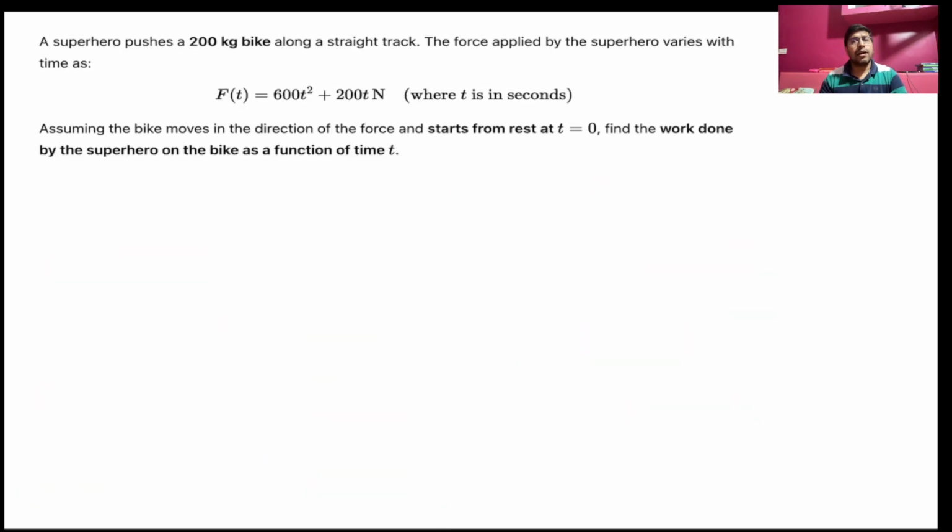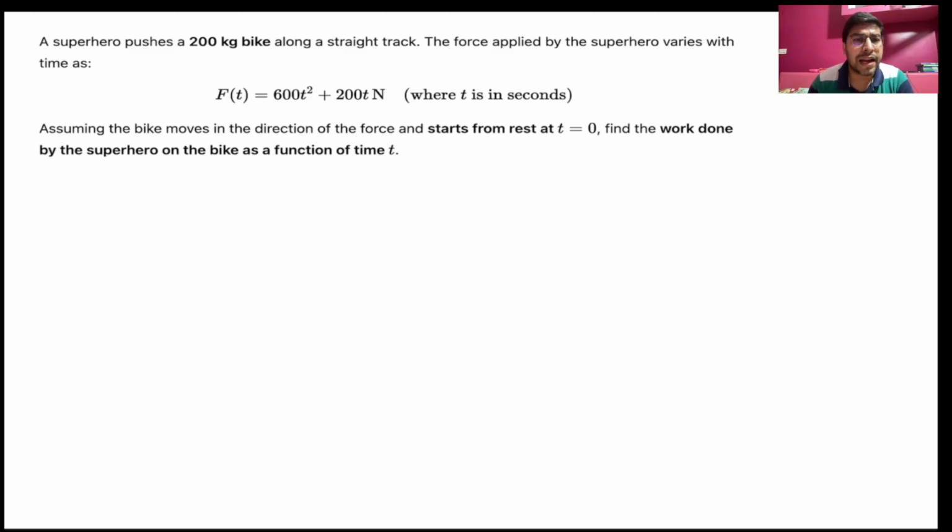Yeah, here in the next question, force depends on time. So again, it's a variable force and we have to solve the question based on it. Now the question: a superhero pushes a bike of 200 kg along a straight track. The force applied by the superhero varies with time as 6t square plus 200t Newton, where t is in second.